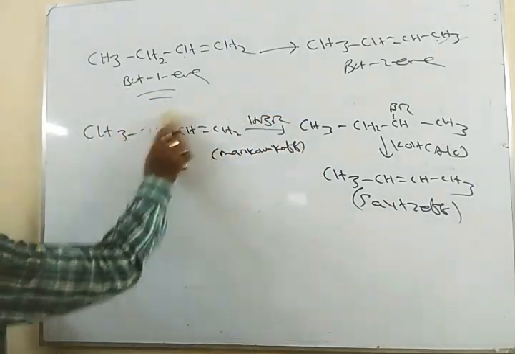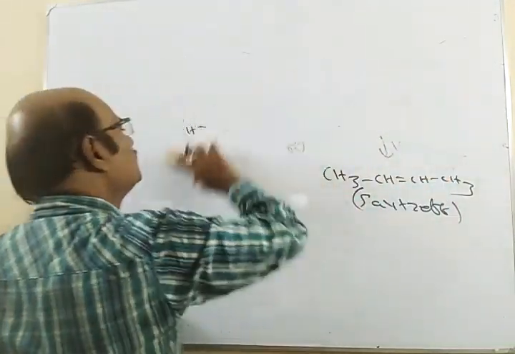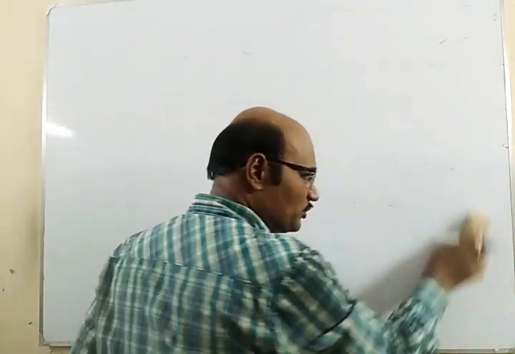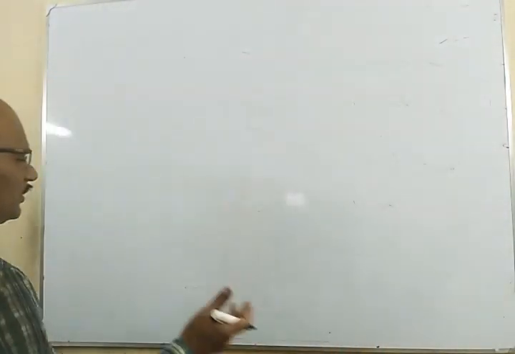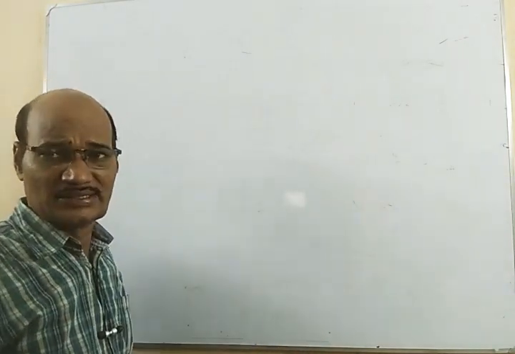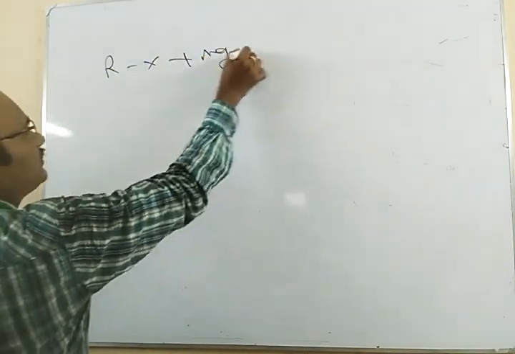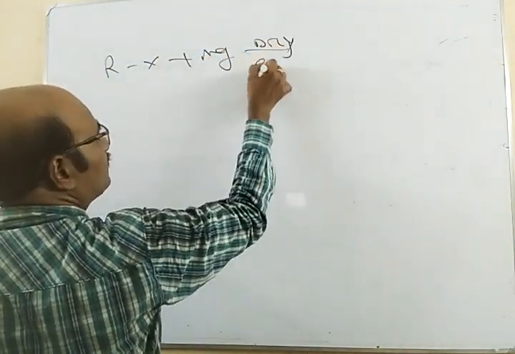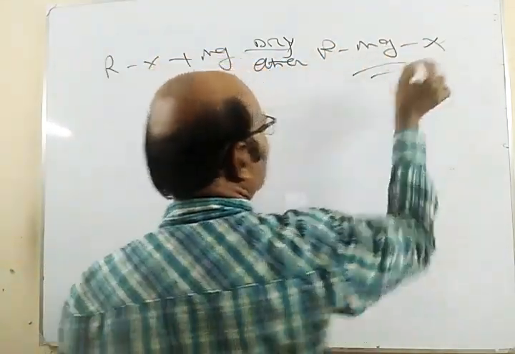And these are the chemical properties of the haloalkanes: the substitution reactions and the elimination reaction. Now we have the reaction with magnesium metal, where we get the Grignard reagent. If I have RX plus Mg in dry ether, I will get RMgX.